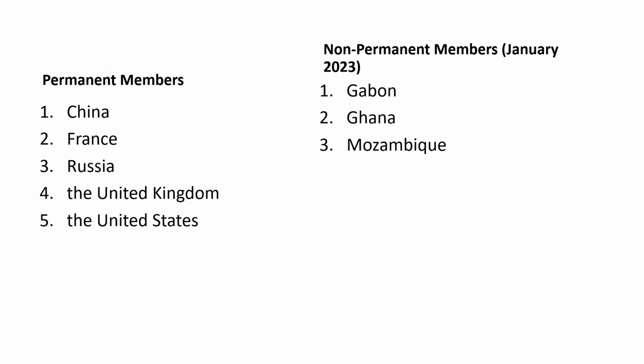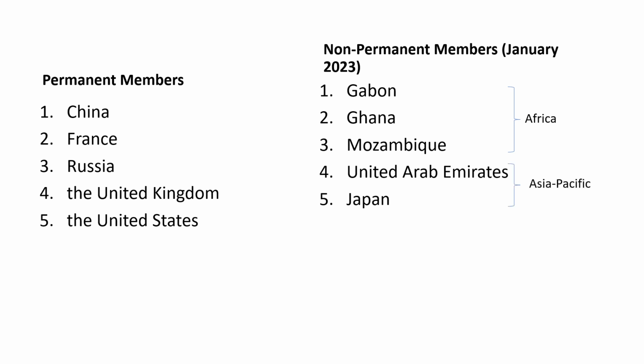So we have Gabon, Ghana, and Mozambique, which belong to the Africa group, United Arab Emirates, and Japan, which belong to the Asia Pacific group. Usually, one of the seats assigned to either the Asia Pacific group or the African group is filled by a country from the Middle East, alternating between the groups.